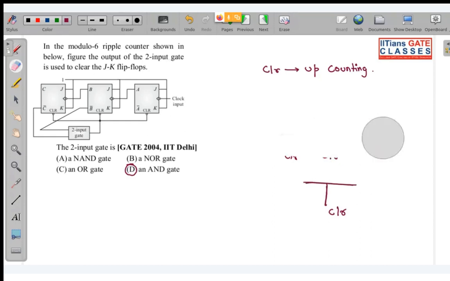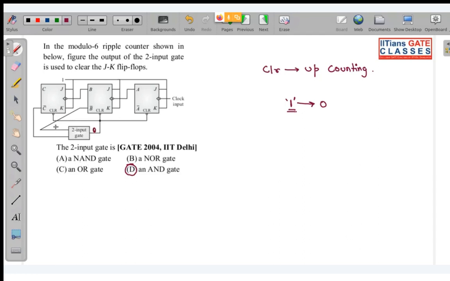If this is active low, we know that for active low clear we have to convert the 1s to 0. So we search for 1 in the up counter. We have to convert the 1 to 0 for this clear to get activated.